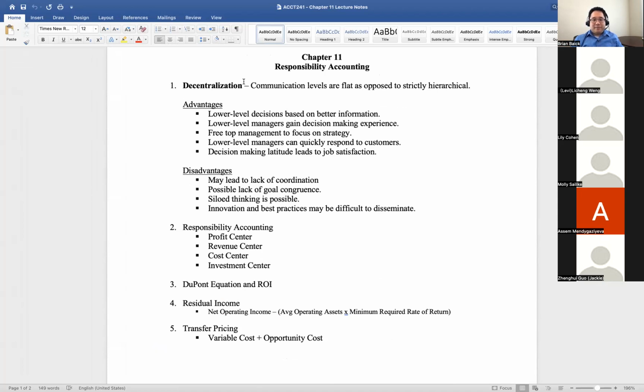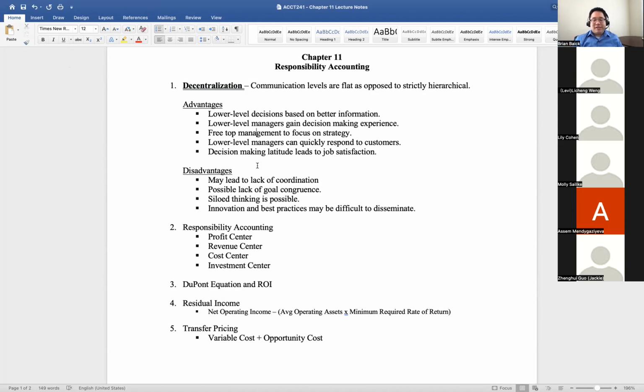A lot of companies are decentralized to some extent. When people think of centralized or decentralized organizations, the way that you can think about it, among other ways, is to think about how communication and authority flows, right? A centralized organization is very hierarchical. Think about the military.